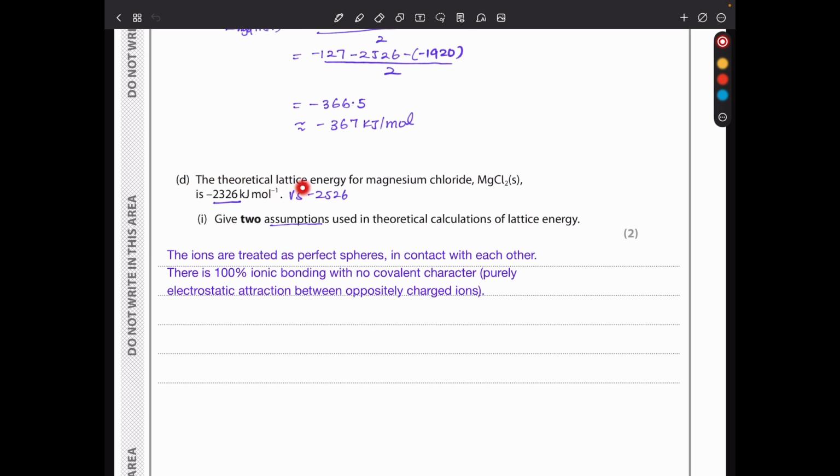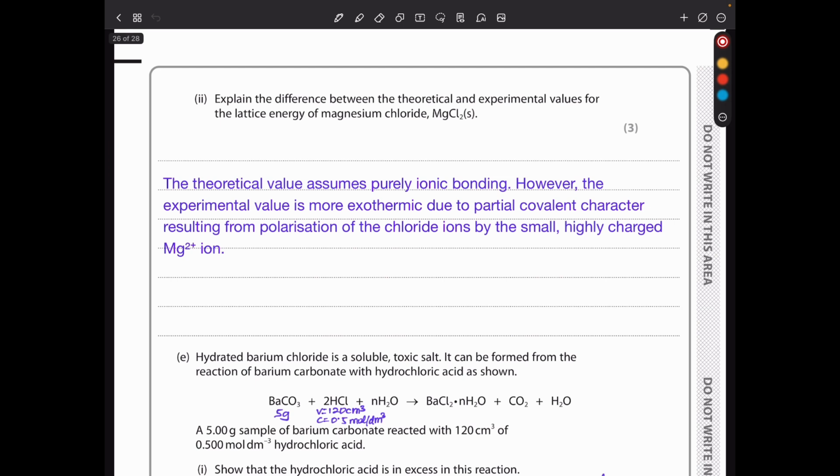Then part D, the theoretical lattice energy for magnesium chloride is that. Give 2 assumptions used in theoretical calculations of lattice energy. Here we assume they're perfect spheres touching each other, and there is pure ionic bonding. So I said the ions are treated as perfect spheres in contact with each other. There is 100% ionic bonding and no covalent character, purely as a result of electrostatic attraction between the oppositely charged ions.